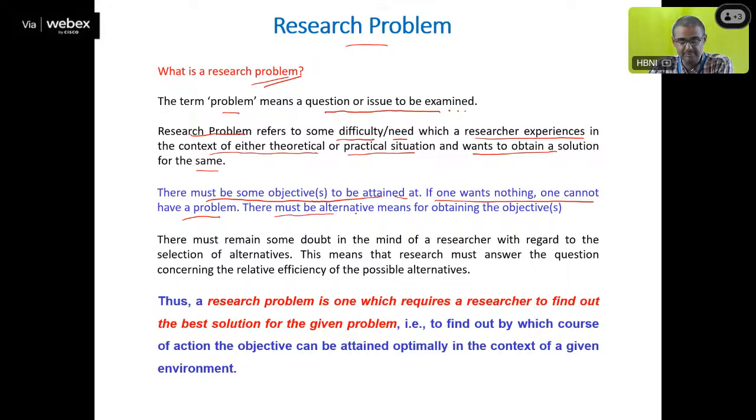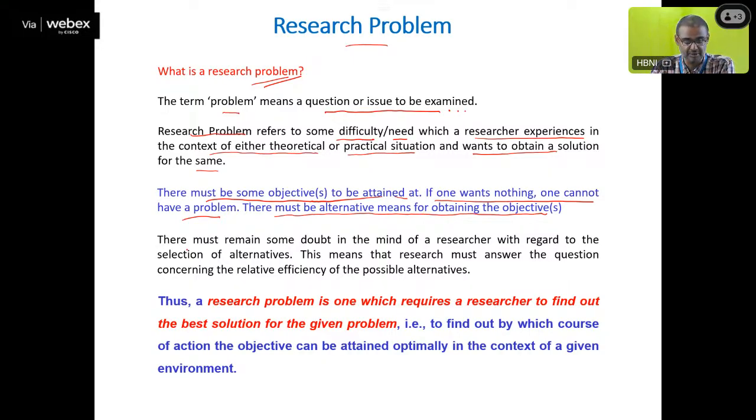There must be alternative means for obtaining the objectives. Once you define the problem and the objectives you want to reach, there are multiple ways by which you can approach it, one way or two ways or multiple ways. So you have to find the ways by which you can solve the research problem.